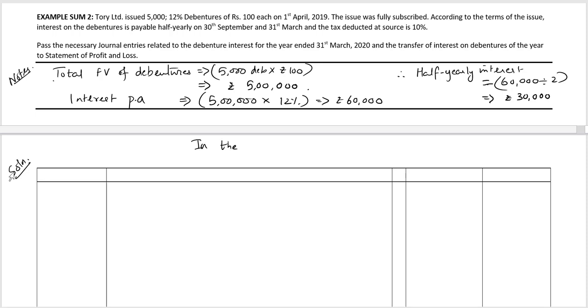In the books of Tory Limited, journal. Date, particulars, LF number, debit rupees and credit rupees.